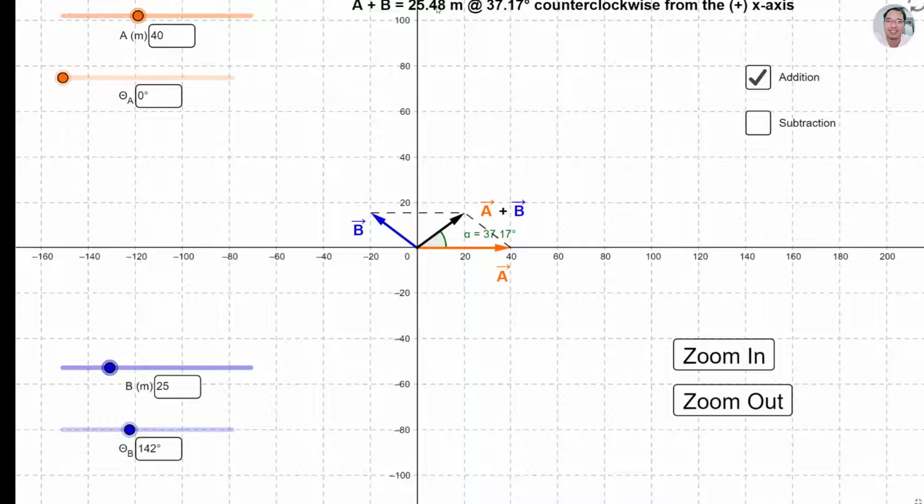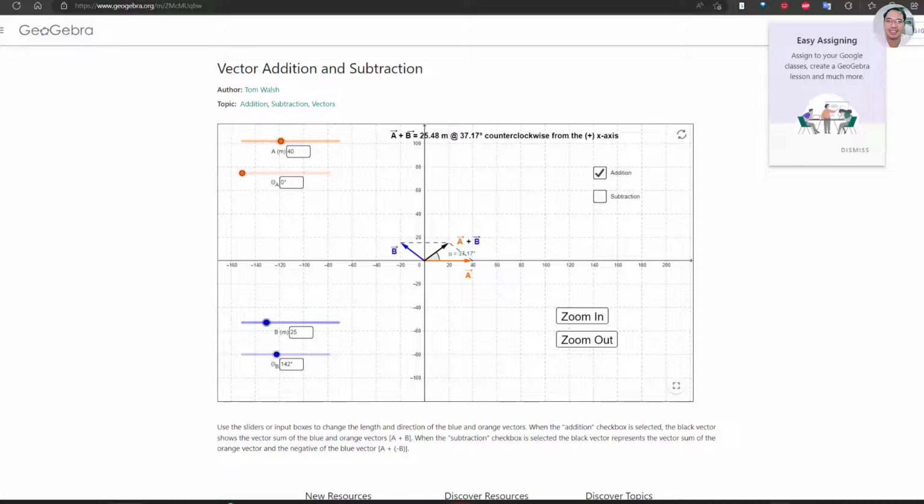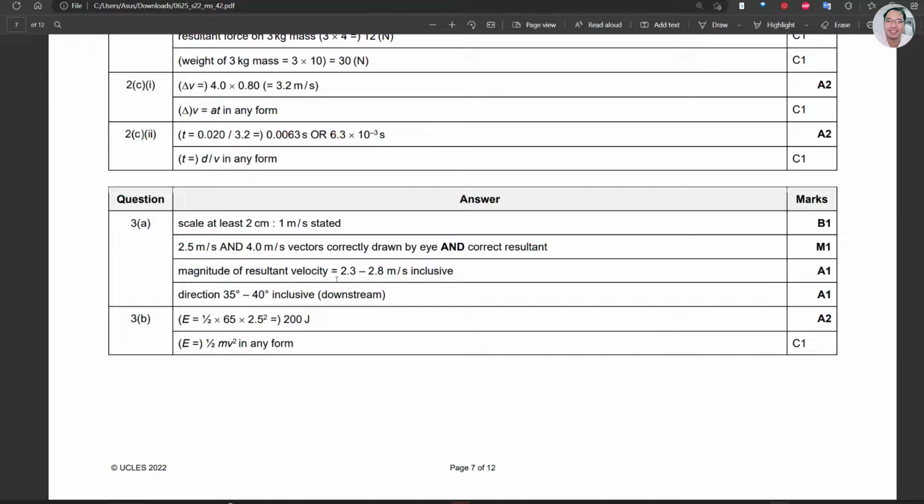Do you have the same result on your drawing in your notebook? Meaning the resultant velocity is 2.5 meters per second, 2.5 centimeter, right? Let me check the marks here. 2.5 here, correctly drawn.